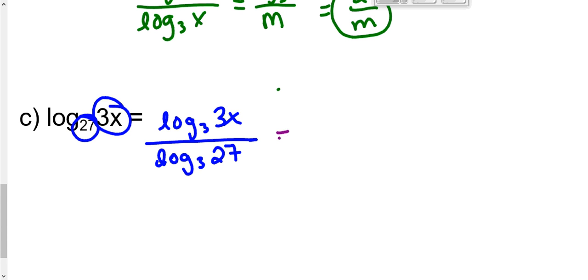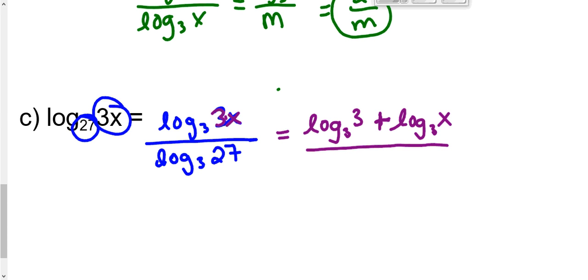Well, there's a couple of properties that I can use here. On the top, I have two things that are multiplied inside one logarithm, so I can write them as two separate logarithms, log base 3 of 3 plus log base 3 of x. I can write them as adding two separate logarithms. On the bottom, I can write 27 as 3 to a power. I can write this as log base 3 of 3 cubed.